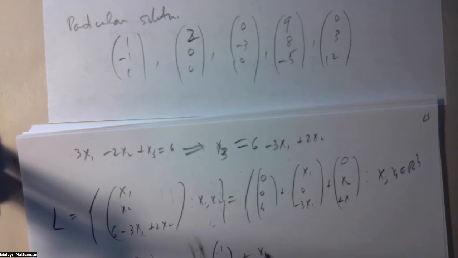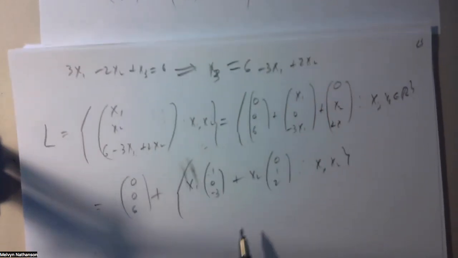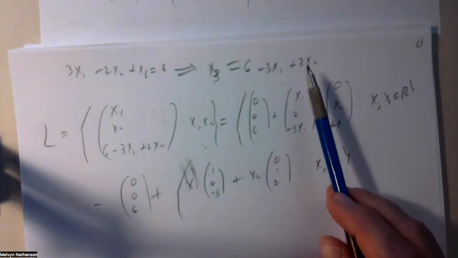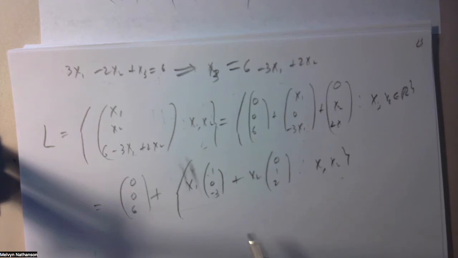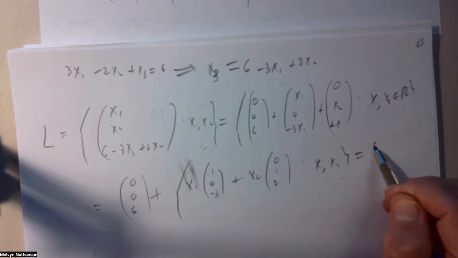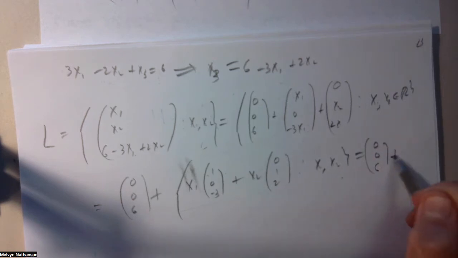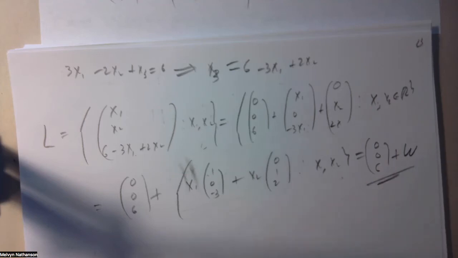This vector is x2 times 0, 1, 2. And I can look at the whole set of vectors for any values of x1 and x2. So this is exactly the solution space of the inhomogeneous equation. This is that set W that was the solution of the homogeneous equation. This is 0, 0, 6 plus W.